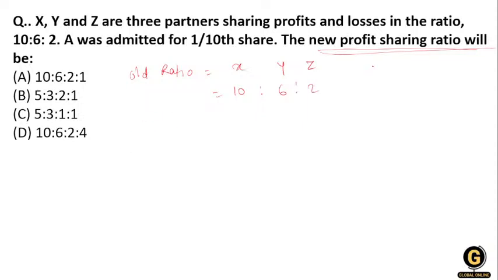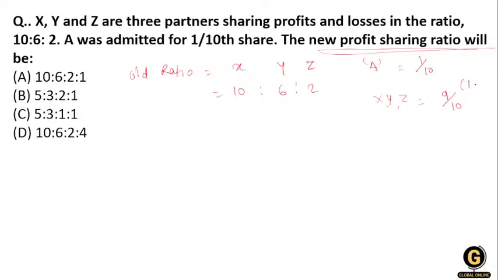Then A is a person who is newly admitted to the partnership, so he shares 1/10 of the share. If A's share is 1/10, then the X, Y, Z share is 9/10. How do I calculate it?